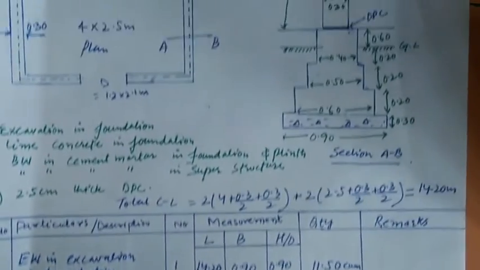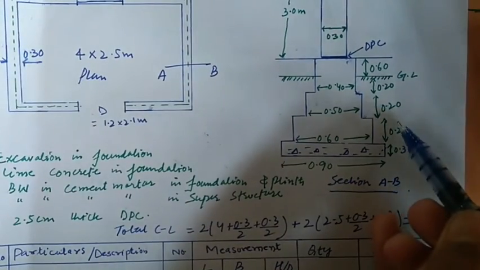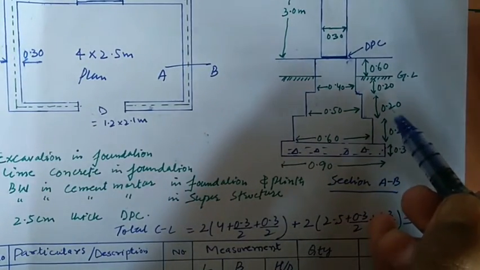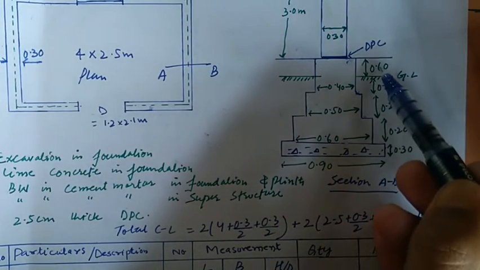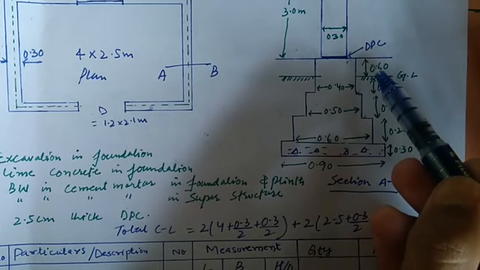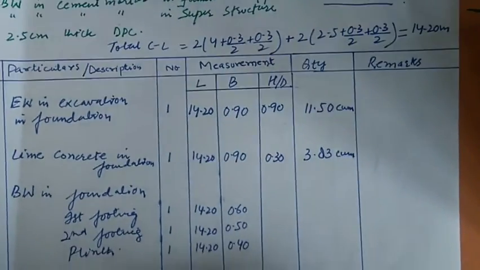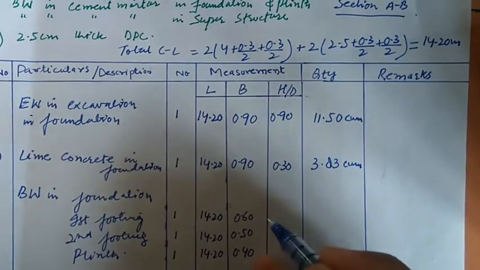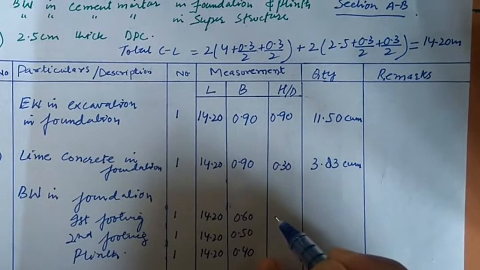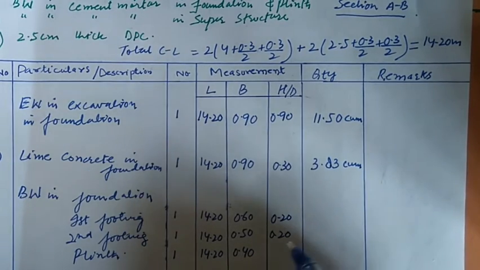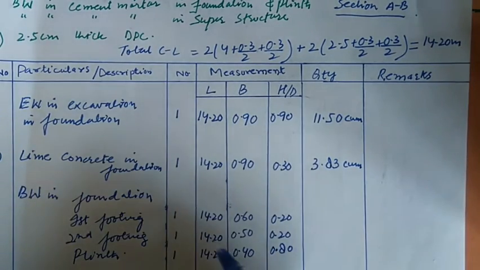Now talking about their depths, the first is 0.20, then we have 0.20, then we have 0.20, and this 0.60, and then the total height of the plinth will be 0.80. So here it will be like 0.20, this will be 0.20, and this will be 0.80. So let me calculate this one.